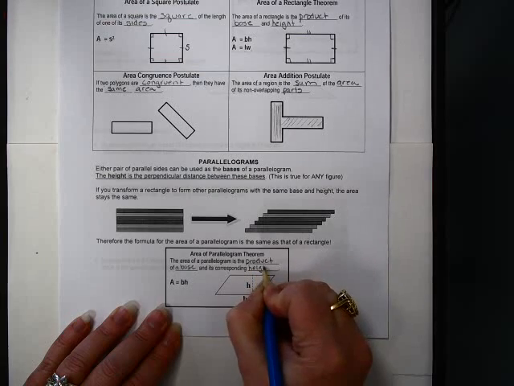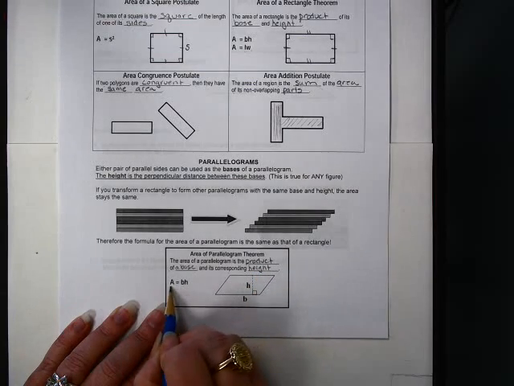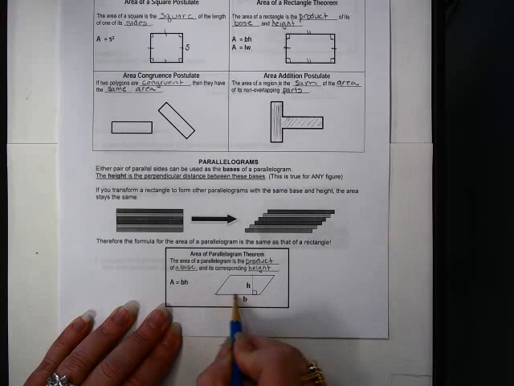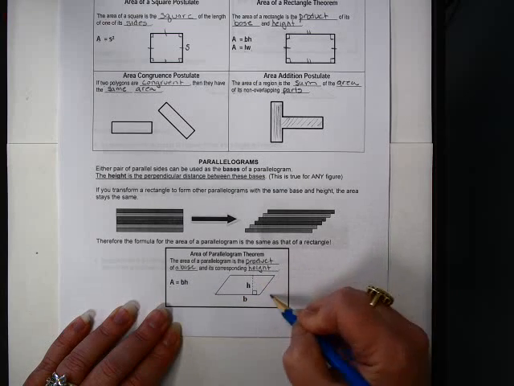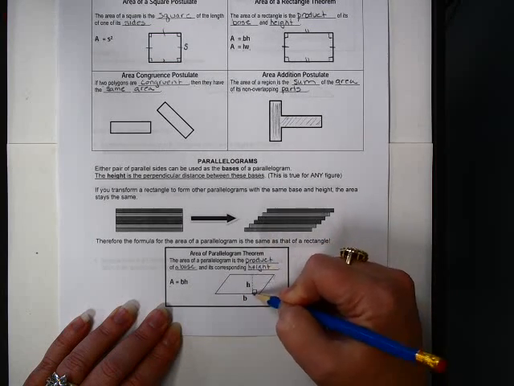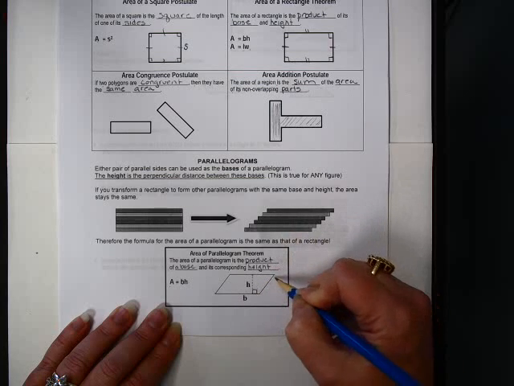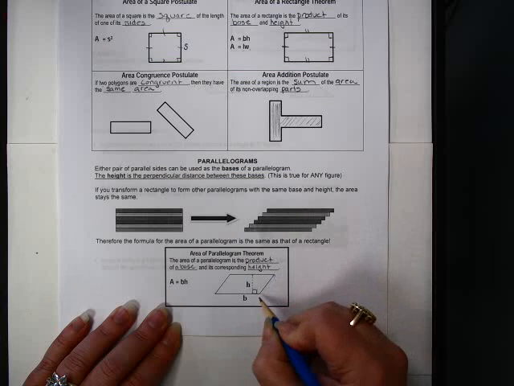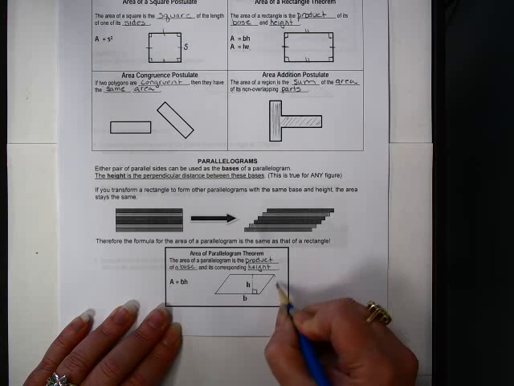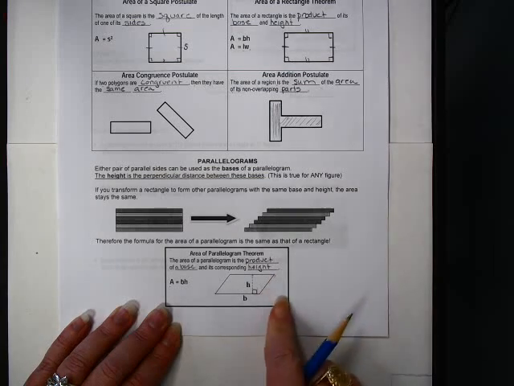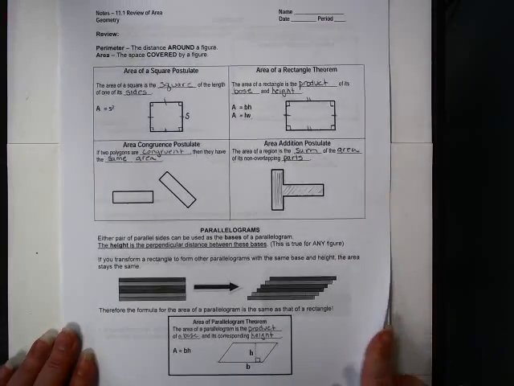So here, area equals base times height. And notice how the height is not the side, it is the distance between the two, and it has to be shown as perpendicular. Sometimes they show it out here, and they just extend the side, but they still show that it's a right angle, that they're perpendicular.